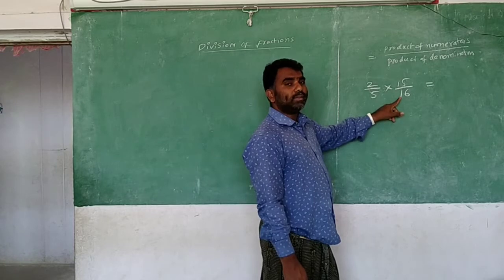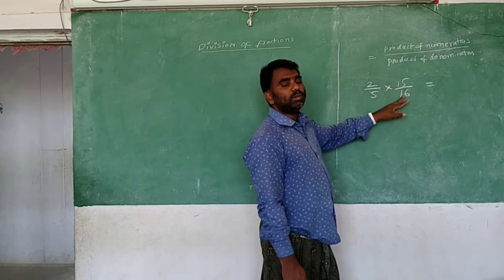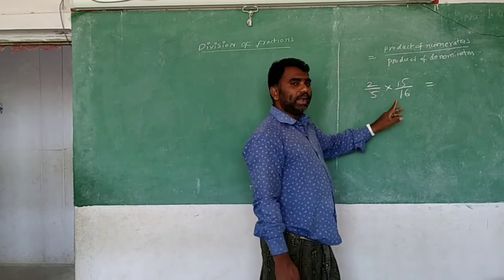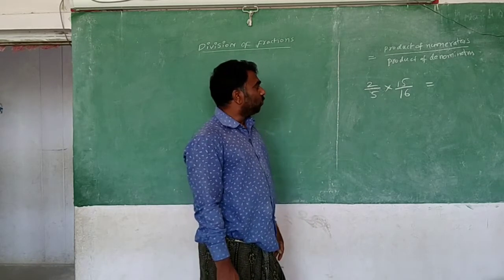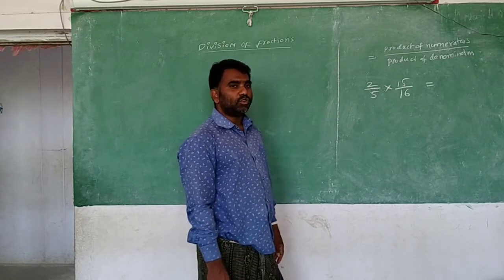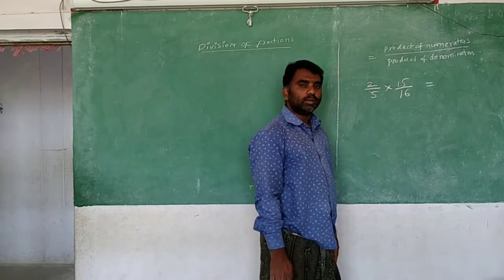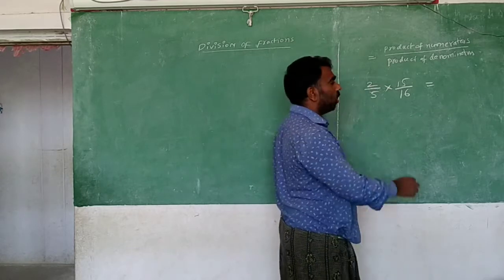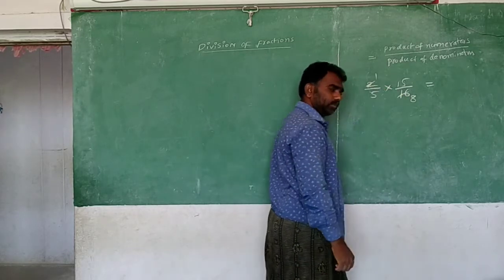And here is one more rule I told you, compulsory: one must be a numerator and one must be a denominator. So what table? 2 and 16 come in the 2 table. How? 2 ones are 2, 2 eights are 16.